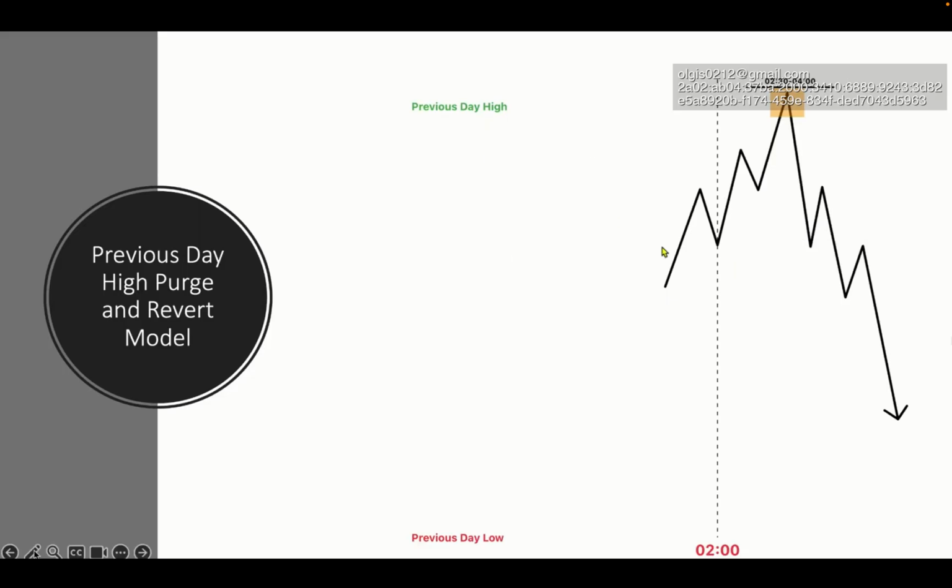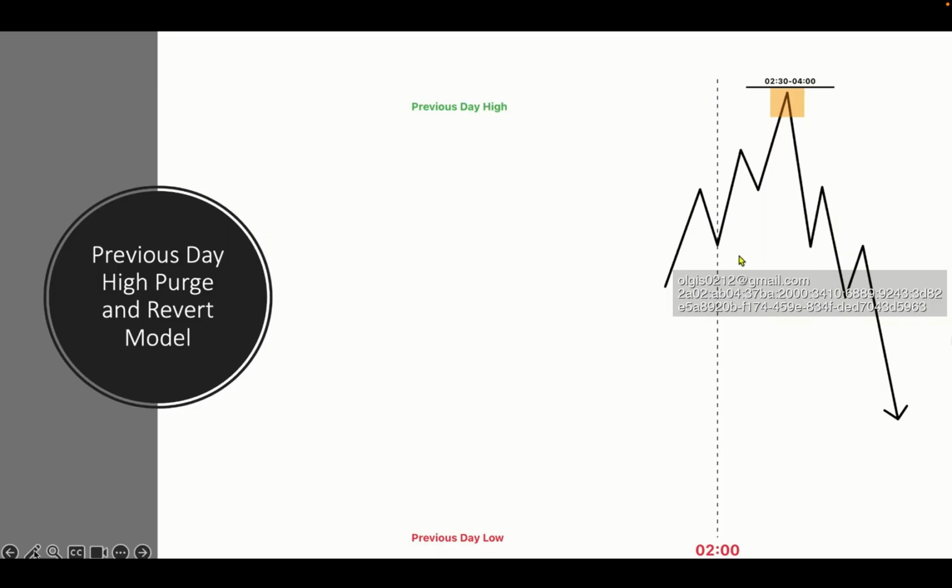The second model that we will be looking for during the London session is the previous day high purge and revert model. This model again occurs when the higher time frame order flow is bearish and we're looking for lower prices. What we will be looking for is a run higher to originate from around 2 a.m., and from there on we want to see the market draw towards the previous day high.